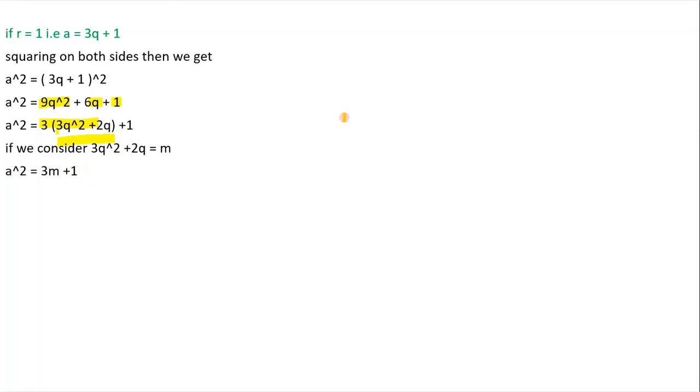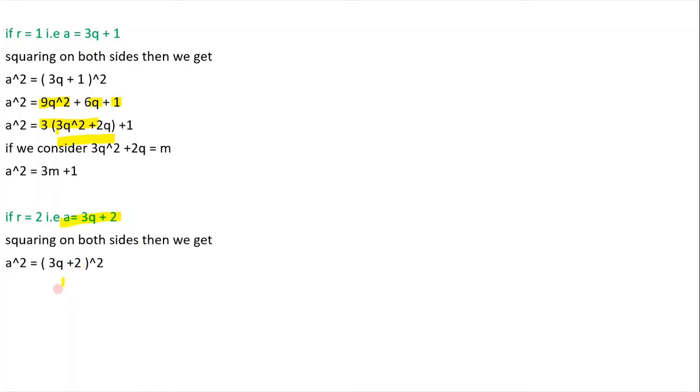Okay. Case 3. If r is equal to 2, that is, a is equal to 3q plus 2. Again squaring on both sides. We get a square is equal to 3q plus 2 whole square. It is again in the form of a plus b whole square, that is, a square plus b square plus 2ab. Then it becomes a square is equal to 9q square plus 12q plus 4. Again I want to take 3 as common in the first two terms. Then I get a square is equal to 3 into 3q square plus 4q plus 1, plus 1.